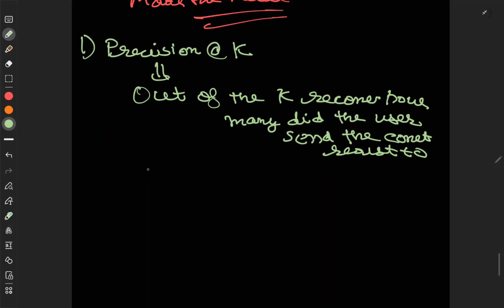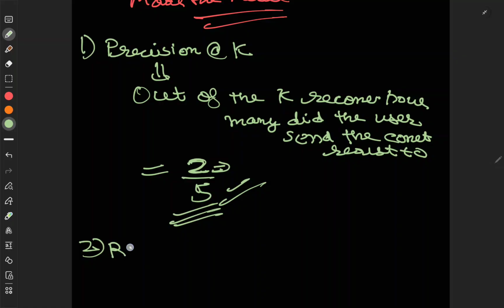So let's say you showed 5 recommendations to that person, out of which you see in the historical data you have that 2 actually became connections, meaning he or she sent the connection request to those particular users. So this is one of the key metrics.